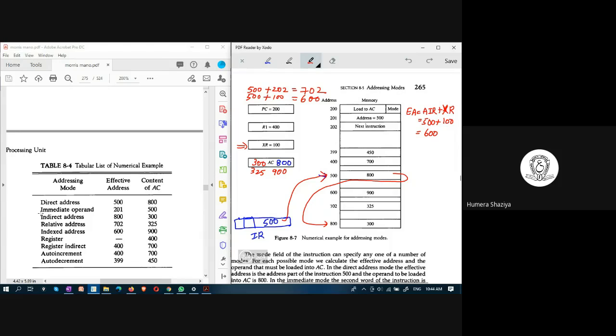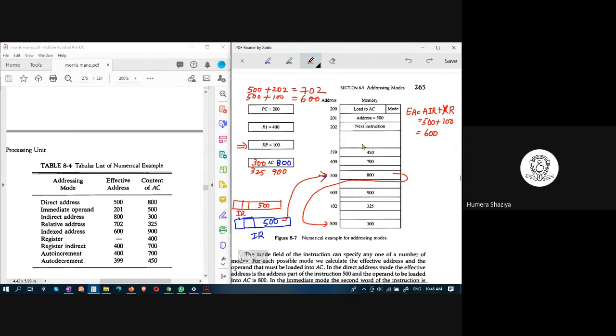So we have done direct, indirect, relative, index. Next, we will look at immediate operand. Immediate operand means, as said by your classmate, the value in the instruction is the operand. It is not the address. This is our instruction register. This instruction register contains 500.